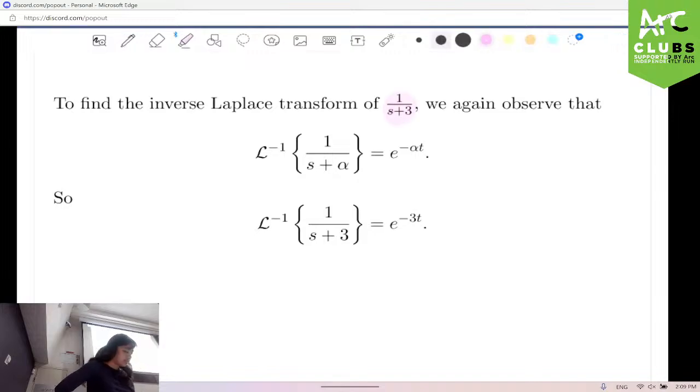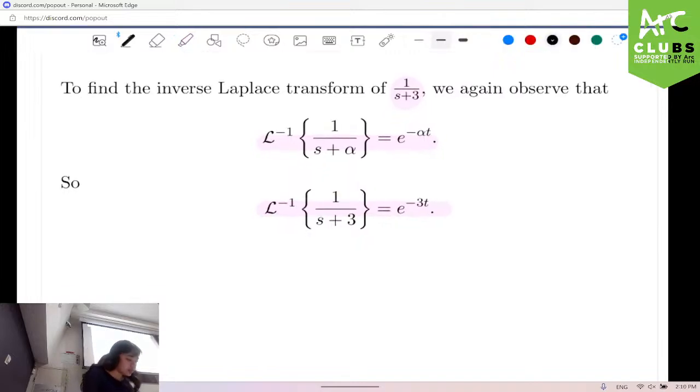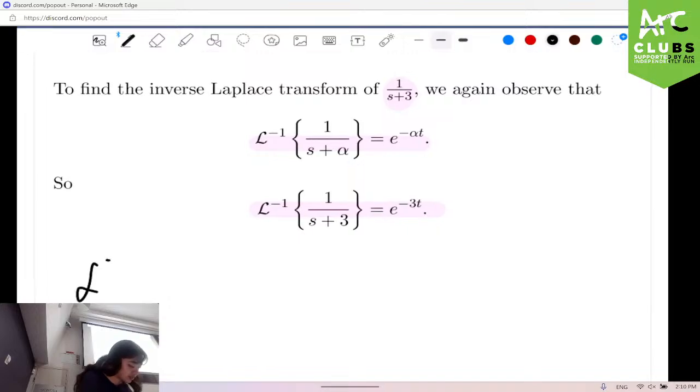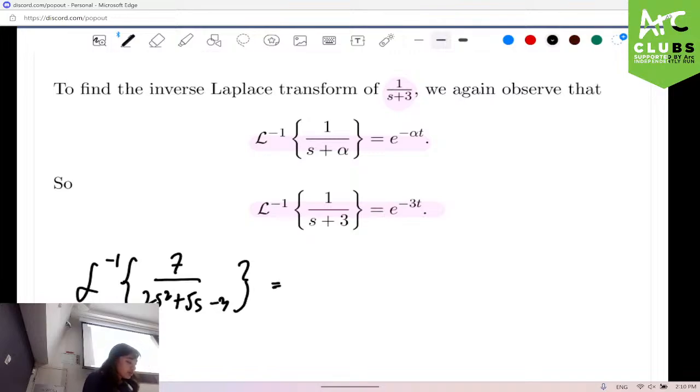So that is just that. Amazing. So therefore, we know that the first fraction gave e to the t.